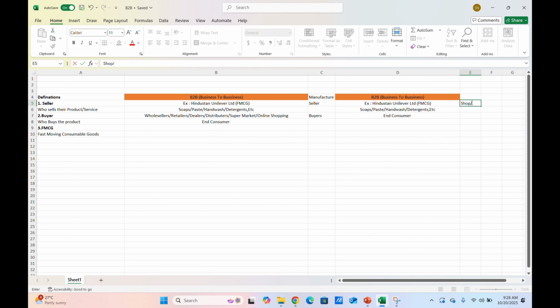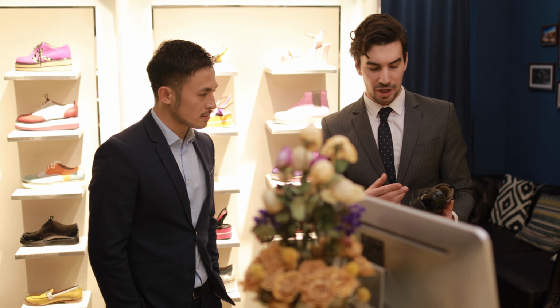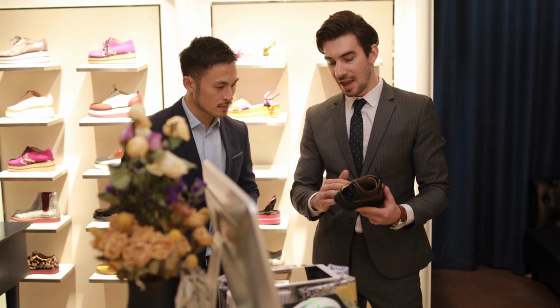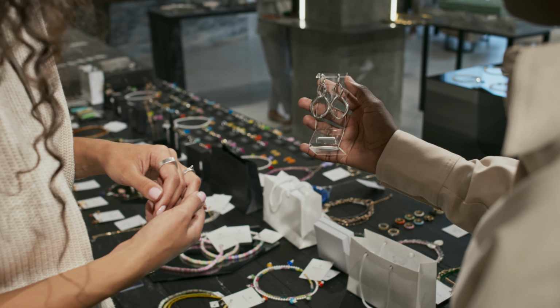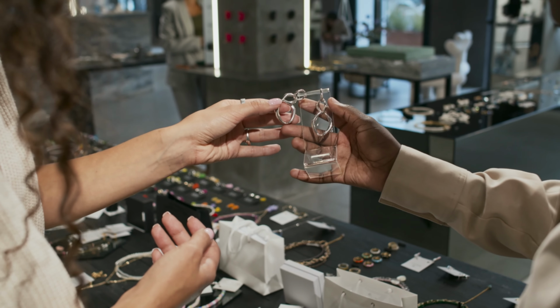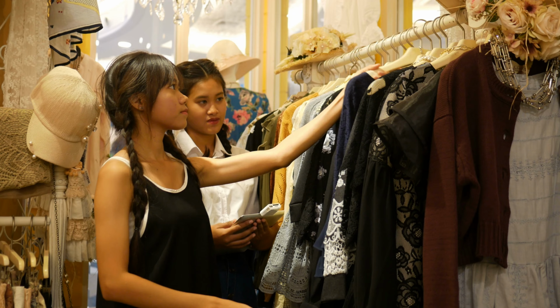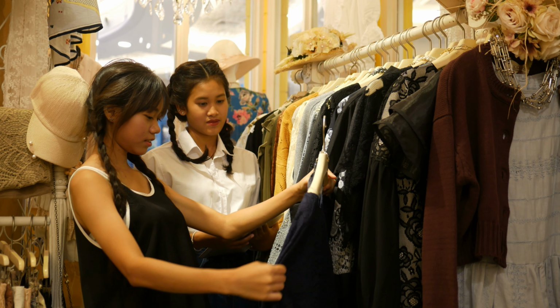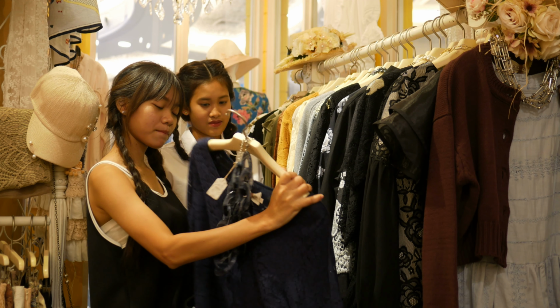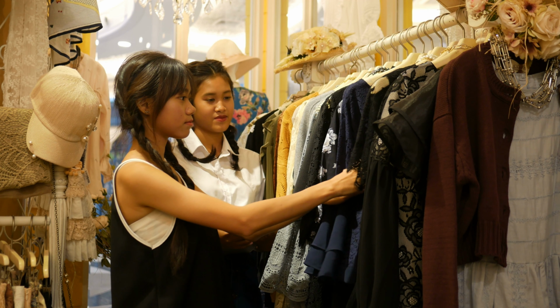Like Hindustan Unilever has opened a showroom or shop where they specifically sell their own products to the end consumer. So here the end consumer will be the buyer, and Hindustan Unilever will be the seller.